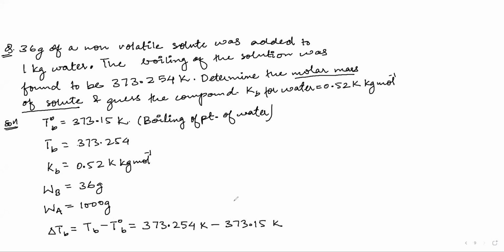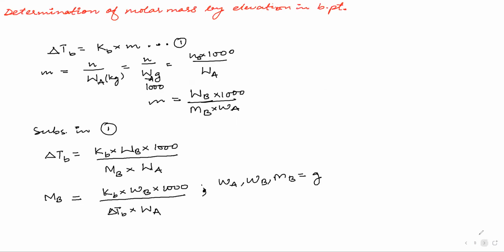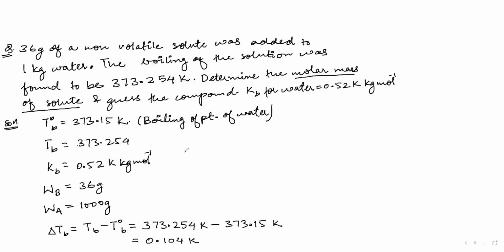You just have to subtract it now. Got it? 0.104 Kelvin. Now Mariam also got it, 0.104 Kelvin. Now you have everything. Put it in that formula and you will get MB.